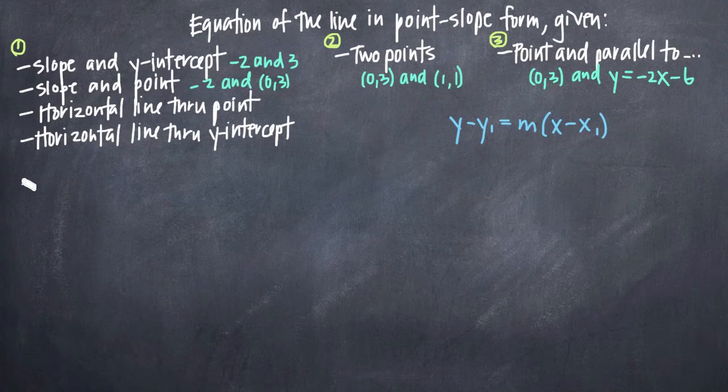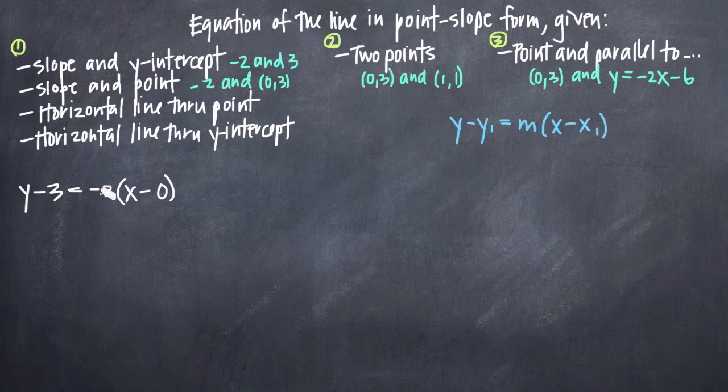So what we'll do is say y minus, and then the y-coordinate of the point (0, 3), which of course is 3, is equal to m, the slope, which we know to be -2, times x minus the x-coordinate of the point that we're given. Remember that we're given the point (0, 3) because this is the y-intercept. So 0 is our x-coordinate there.